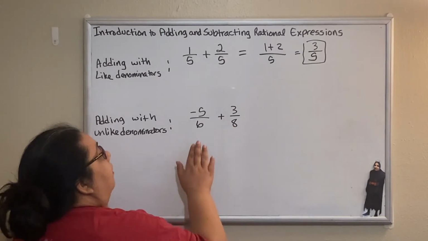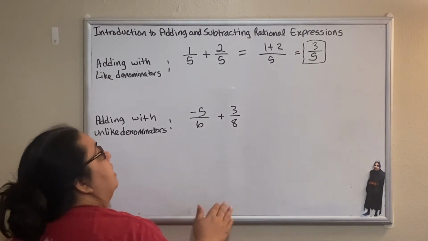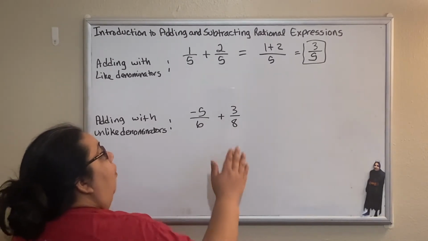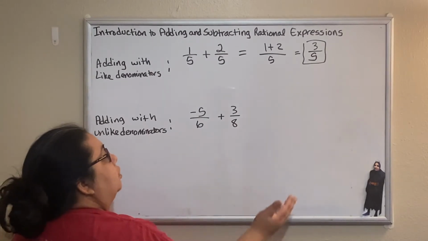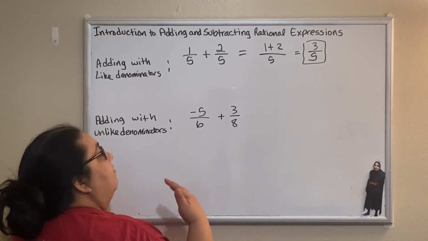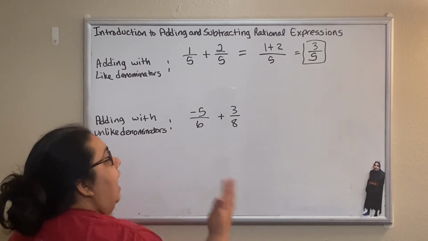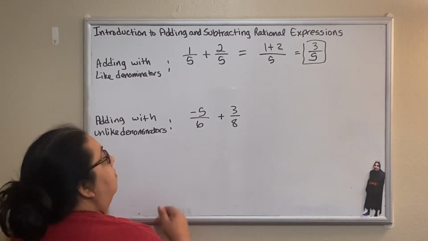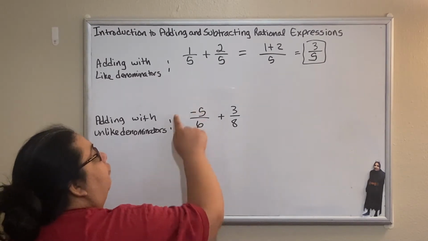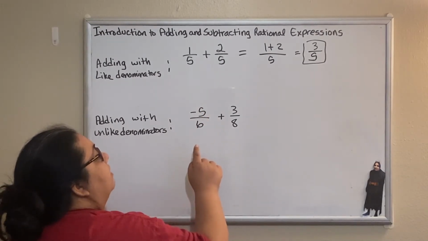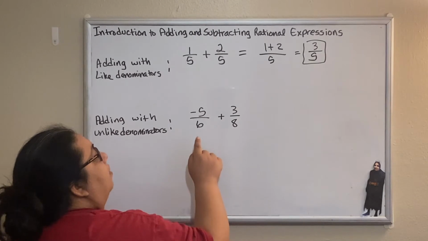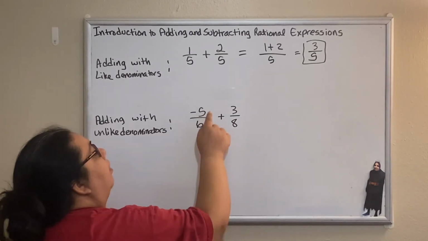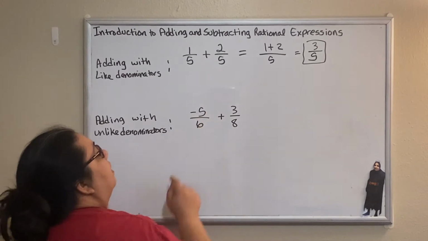Now, the least common multiple between 6 and 8 is 24. Because 6 times 4 is 24 and 8 times 3 is 24. So both of them have a number you can multiply with and get 24. So what I need to do is multiply this first fraction by the number that would give me a denominator of 24, and I need to multiply that same number in the numerator and in the denominator.